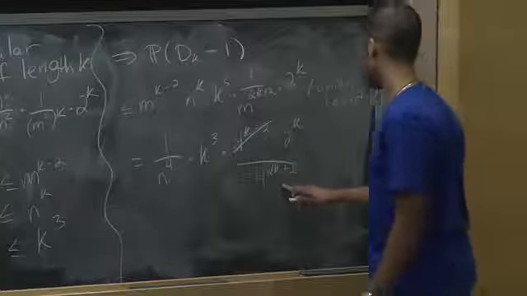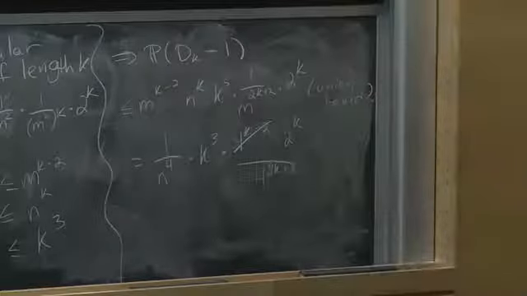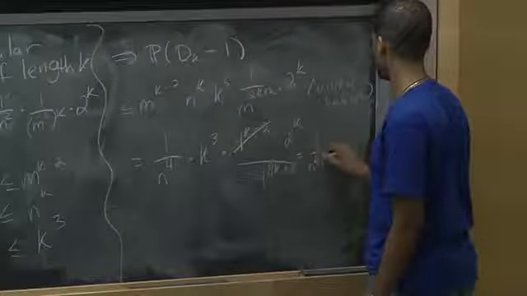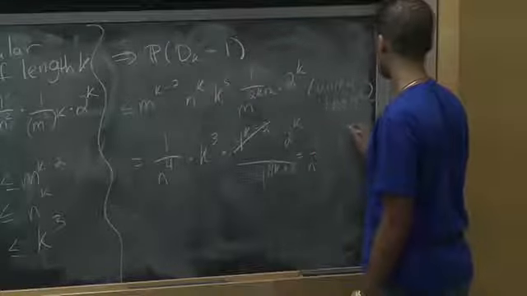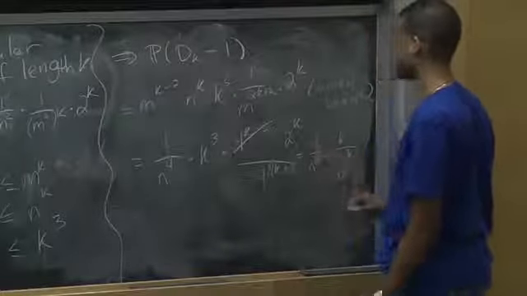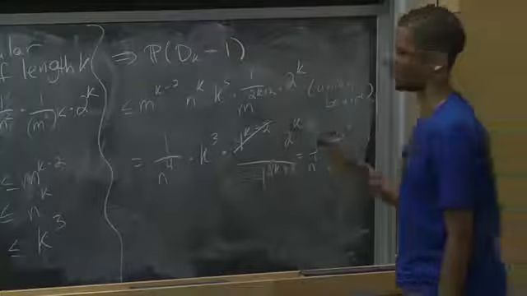And that becomes 4 to the k. And this becomes 1 over n cubed times k cubed over 2 to the k. Sorry, n to the fourth. So I apologize. I definitely am off by 1 because this should be n squared.